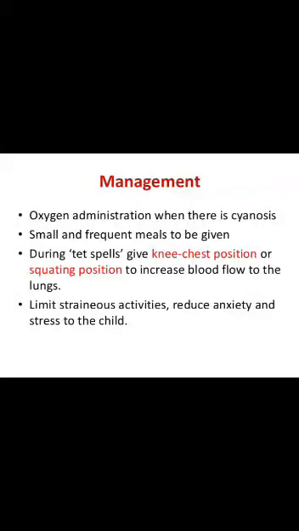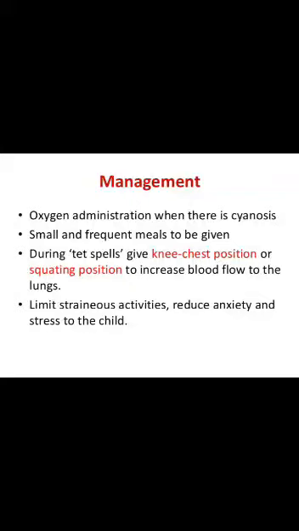During a tet spell we can give knee-chest position or squatting position to increase blood flow to the lung. Then next is limit strenuous activity, reduce anxiety and stress to the child.